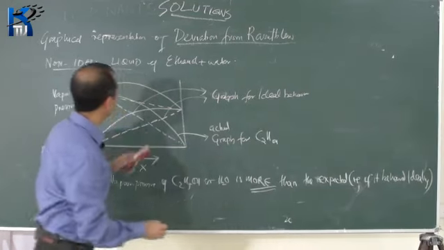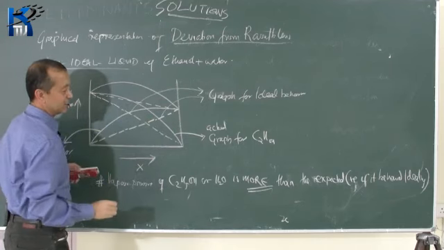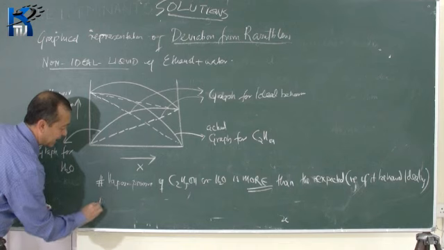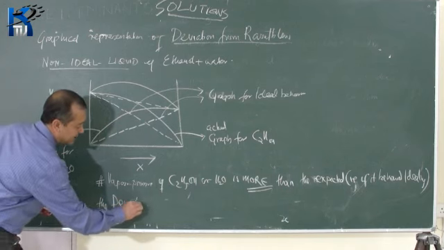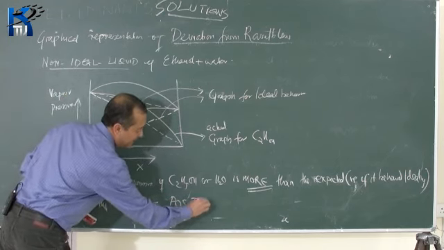See, this is the vapor pressure graph, but it is more. Since it is more than expected, we say that the deviation is positive.